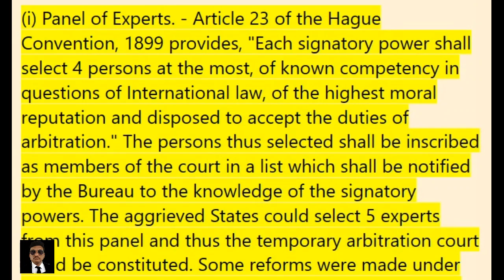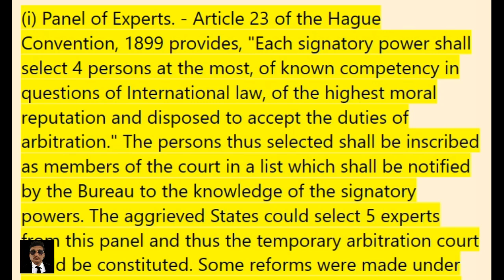Article 23 of the Hague Convention, 1899 provides, each signatory power shall select 4 persons at the most, of known competency in questions of international law, of the highest moral reputation, and disposed to accept the duties of arbitration. The persons thus selected shall be inscribed as members of the court in a list which shall be notified by the Bureau to the knowledge of the signatory powers.